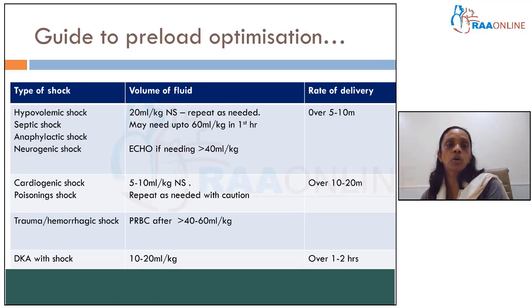But when we have pure hypovolemia, for example, I have a child with diarrhea, 20 episodes per day, and the child is coming with severe dehydration, hypotension, here absolutely I will be giving 20 ml per kg.